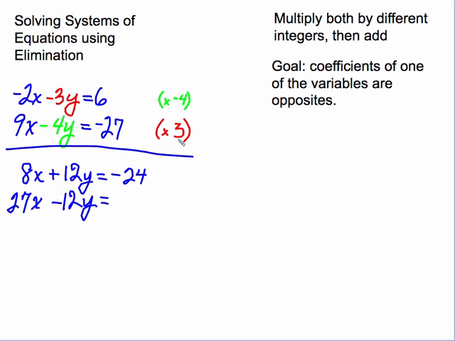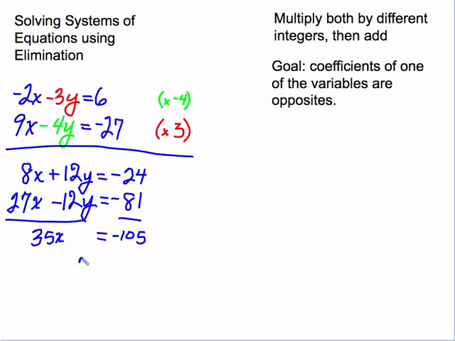And -27 times 3 is -81. Now we can add the equations. 27x plus 8x is 35x. 12y minus 12y is 0, and negative 24 minus 81 is negative 105.